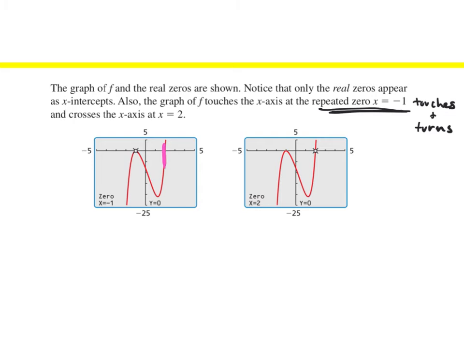Our graph only touches the x-axis at the real zeros. Since we had a 2i and a -2i, those are imaginary, so it doesn't touch at those points. Any questions?